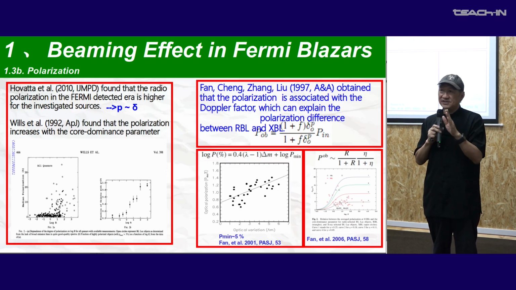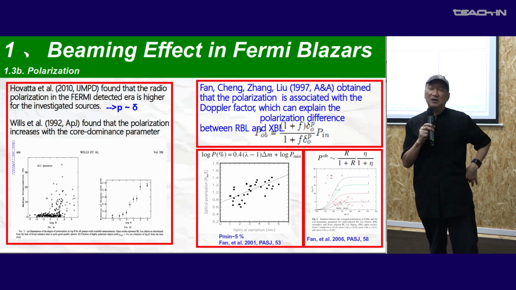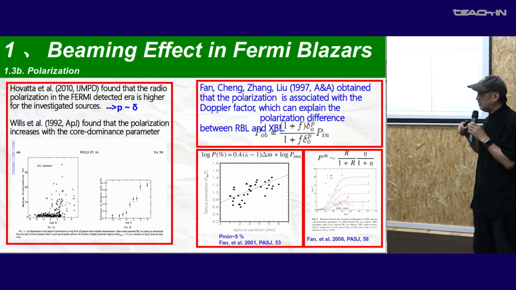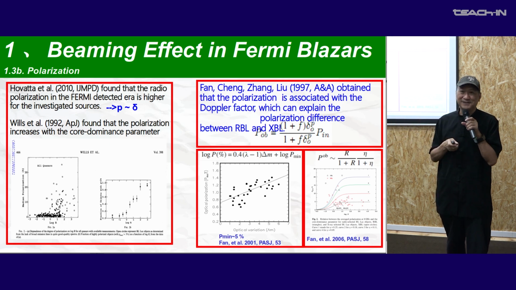One of the differences is that XBLs have low polarization, while RBLs have higher optical polarization. So we hope to explain why the polarization in RBLs is higher than in XBLs.